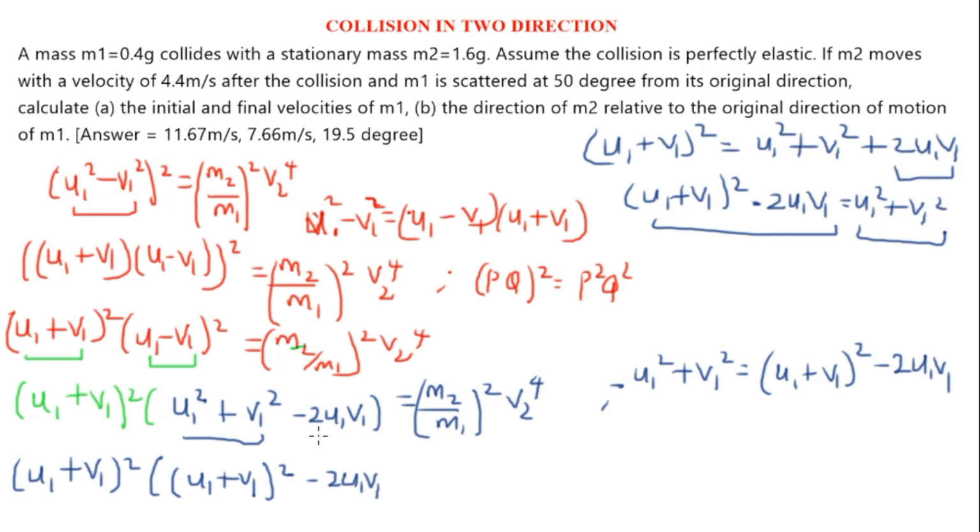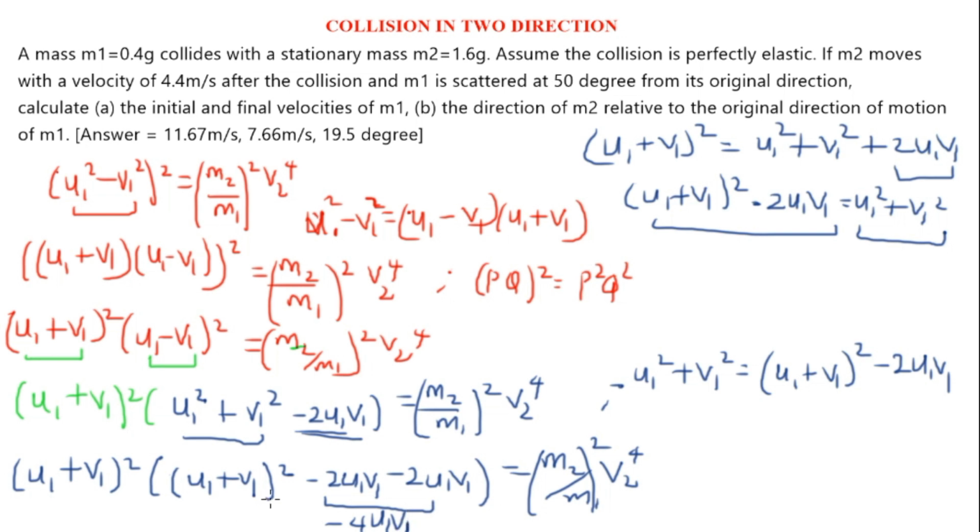Then don't forget the remaining one, which is minus 2u1 v1. Then close the bracket, which is m2 upon m1, then v2. Don't forget that everything is squared, then v2 is raised to power 4. So we can simplify this further so that it becomes minus 4u1 v1.